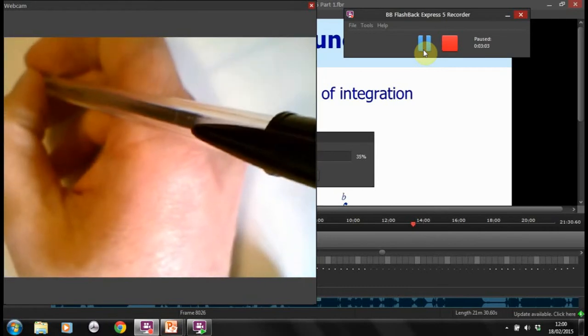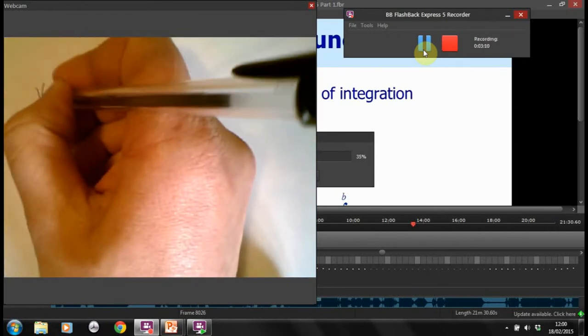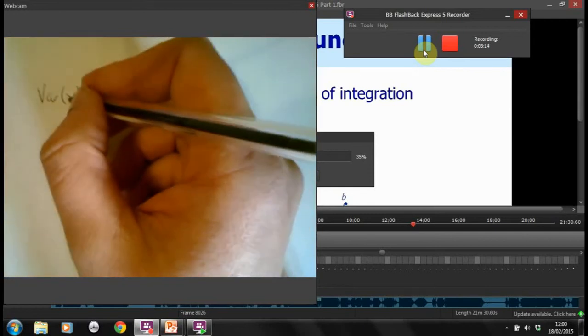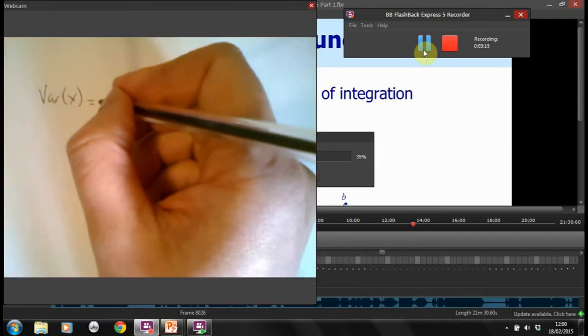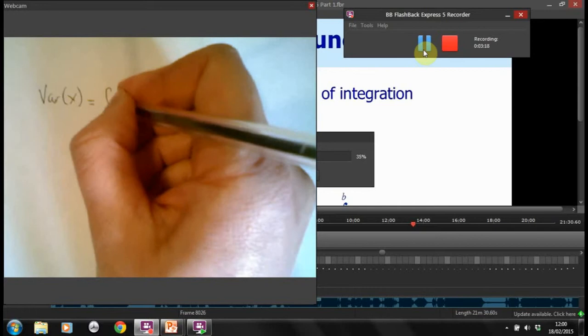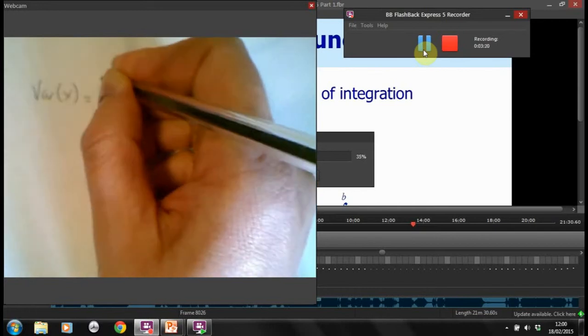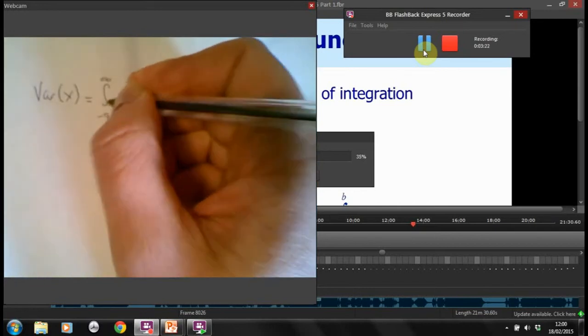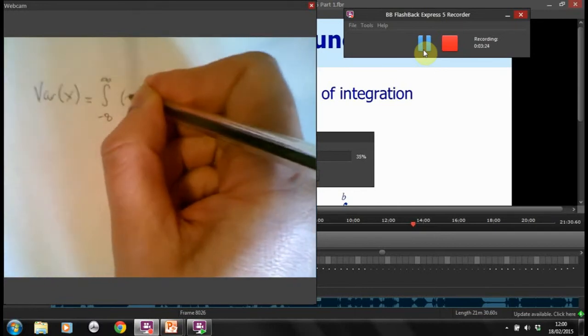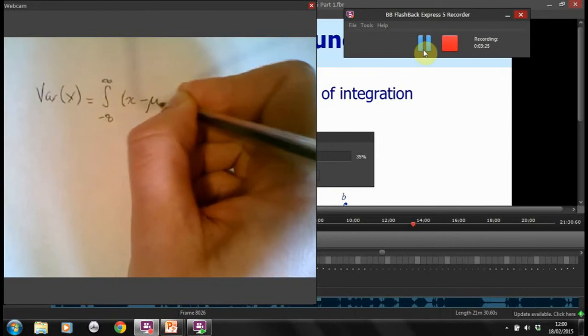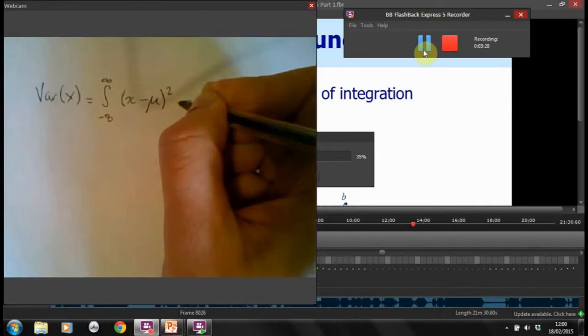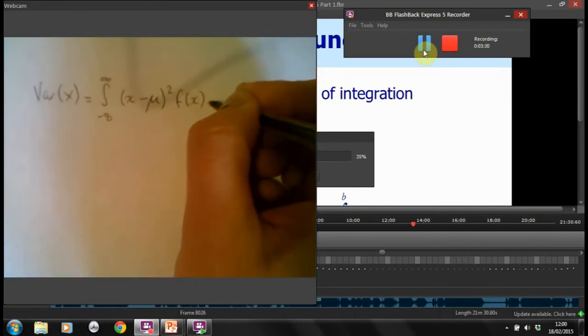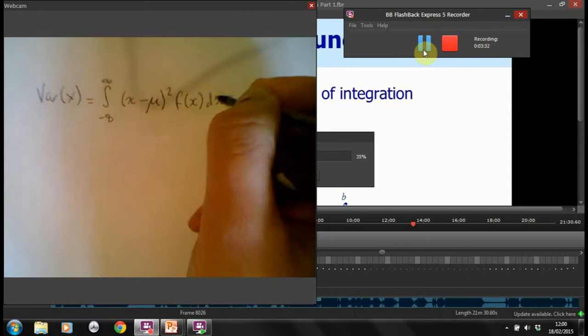And then finally what I want to do is work out the variance of x. The variance of x is going to be the integral between negative infinity and plus infinity of x take away mu, which is just E of x, all squared, times f of x with respect to x.